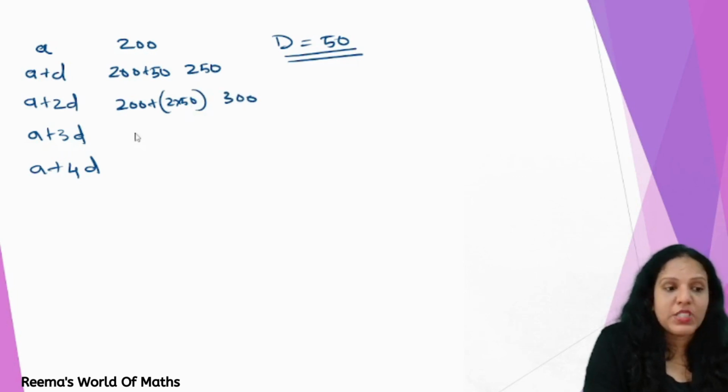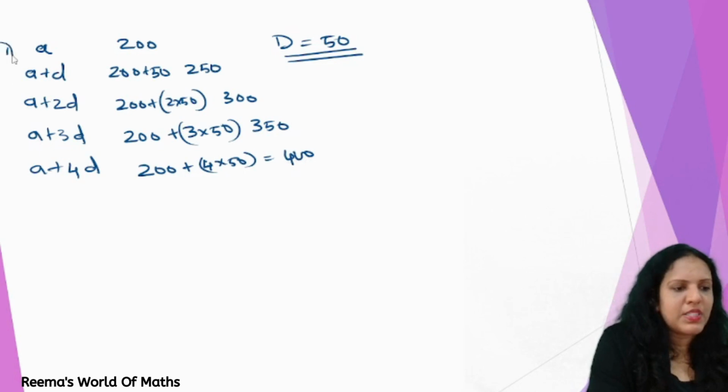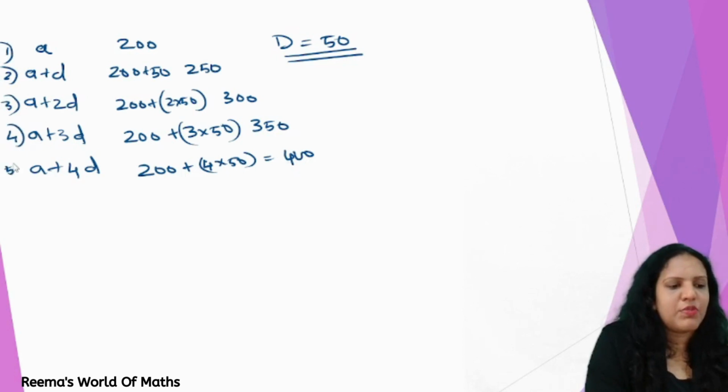The fourth term was 200 plus 3 times 50, which is 350, and the fifth term was 200 plus 4 times 50, which equals 400. So this was the first term, second term, third term, fourth term and fifth term.